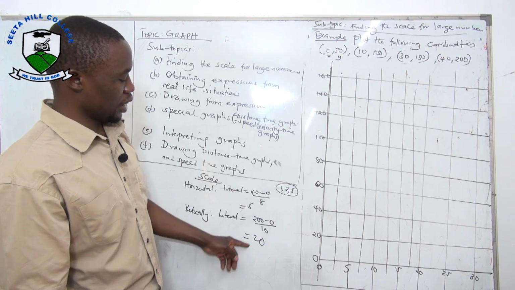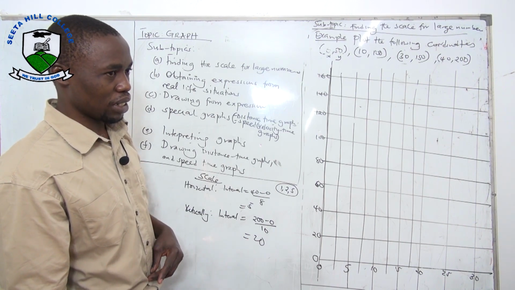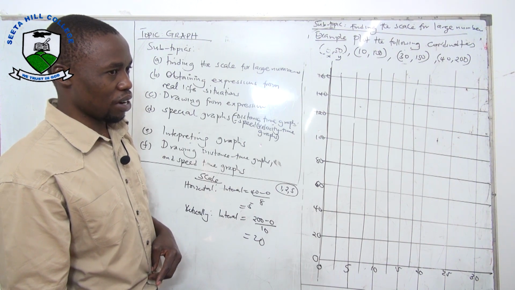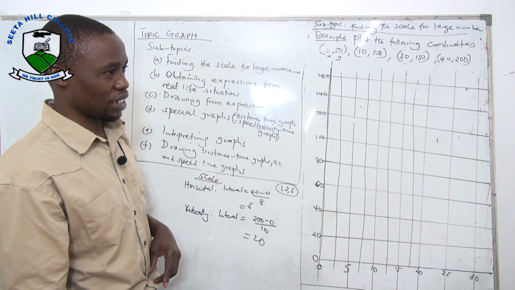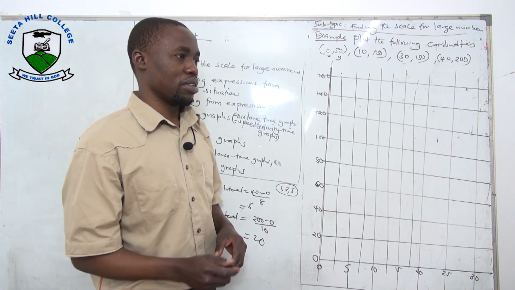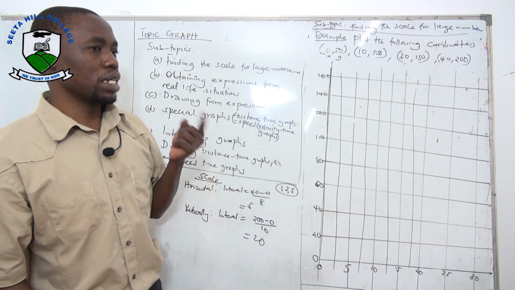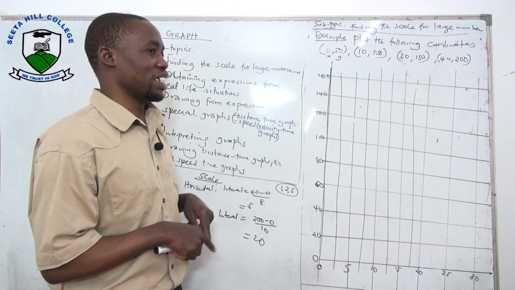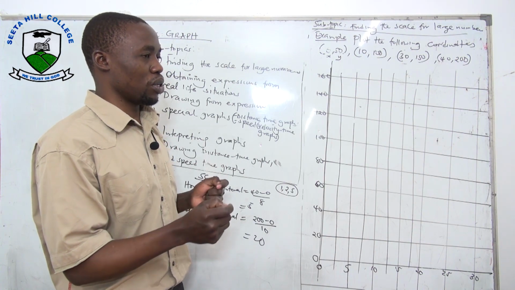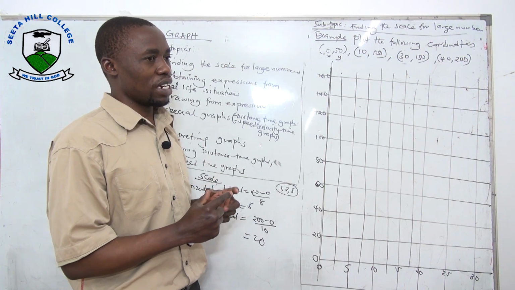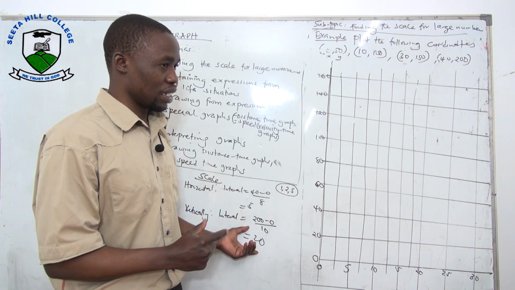Assuming you got 16 here, what would you plot? 20. Now let me give you a 15. Wouldn't work. It's not in tens, not so? Yeah. It must be in tens or tenths. Tenths, I mean it is 0.2 in case you divided and you have decimals. Clear?